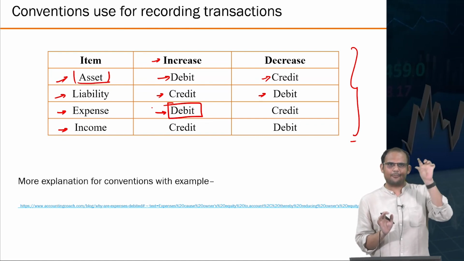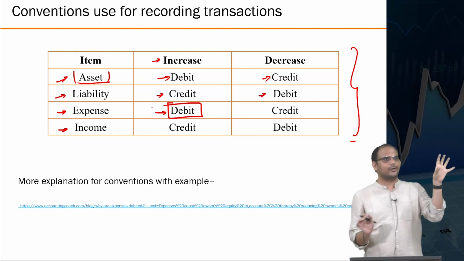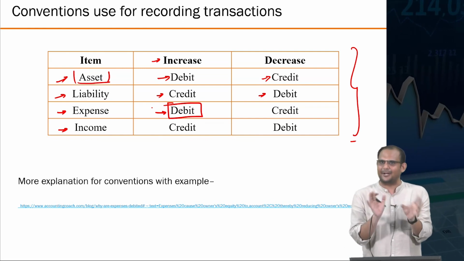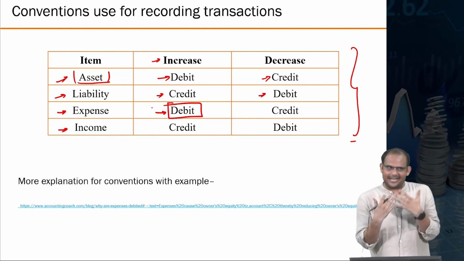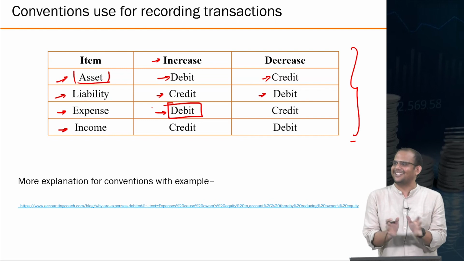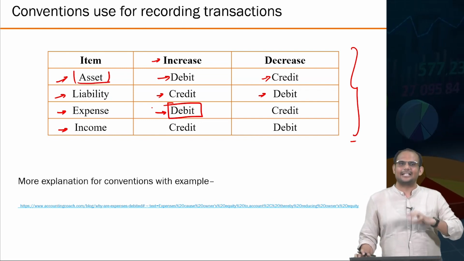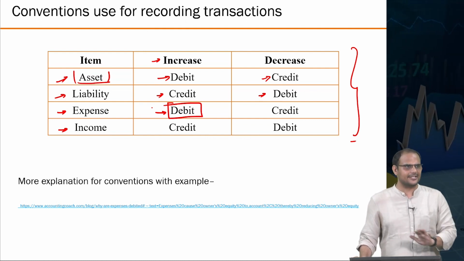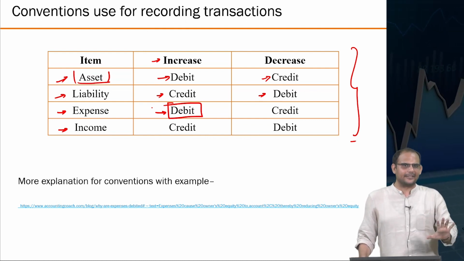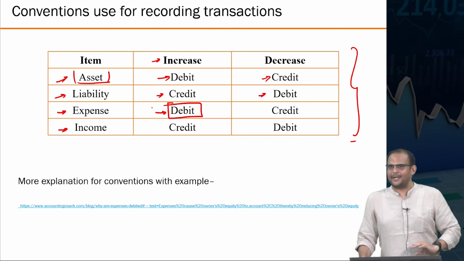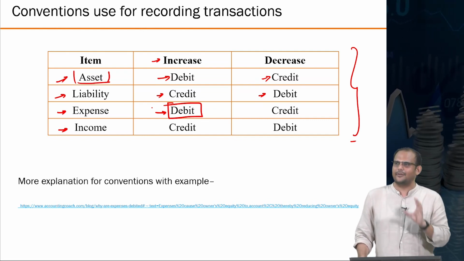Got the idea? Same concept as the owner's equity concept that I introduced, right? It's a bit tricky. I know you will get used to it. I could not wrap my head around it, but this is how the transactions work. It's easy to understand this kind of convention in a loss-making business. Simple. Suppose you sell for 100 rupees and on that you make a loss of 10 rupees.